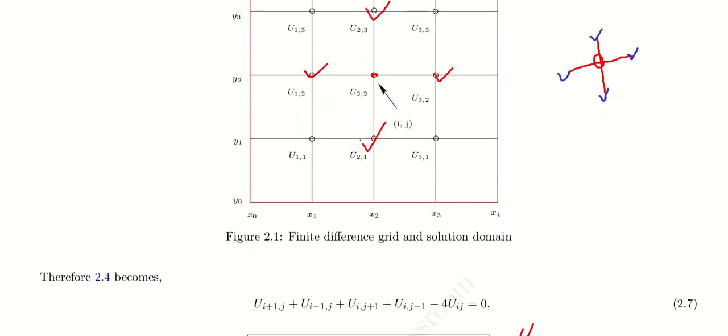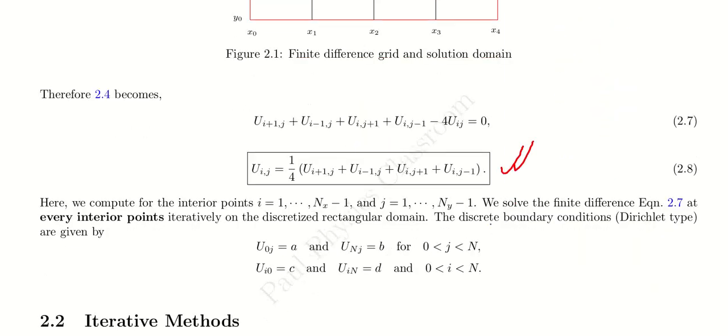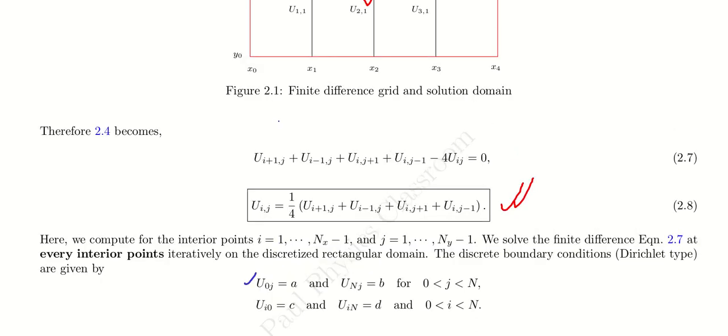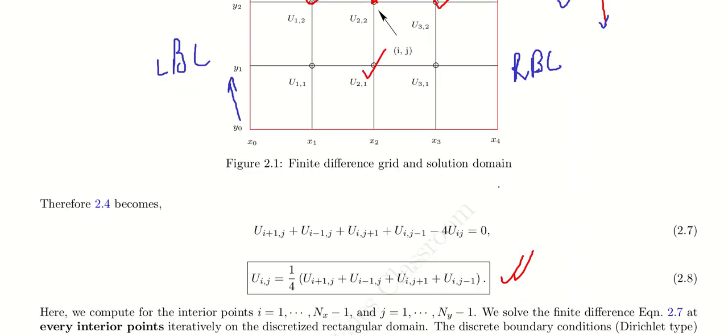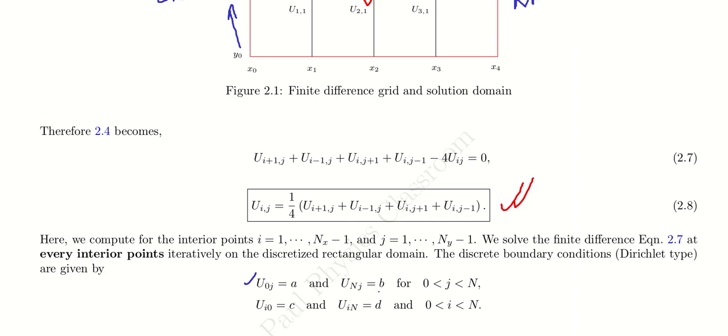Here we are writing u0j, where 0 means x equals 0 and j is running along this axis, and unj equals b. nj means the other direction; this is the left boundary condition, and this is your right boundary condition, unj equals b.